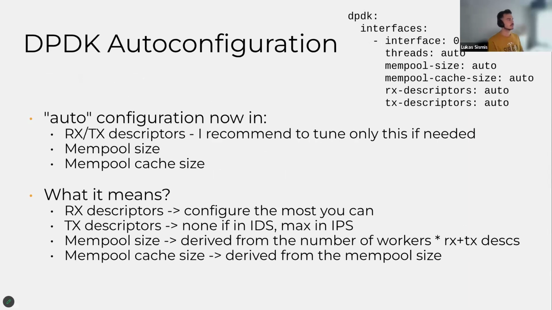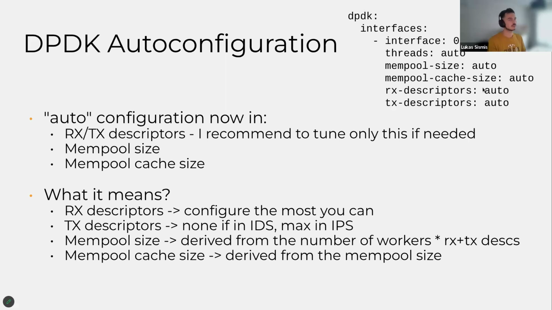Okay, so another feature is the DPDK auto configuration, which basically means with DPDK interfaces, you can set auto for the general configuration properties like the threads, mempool size, mempool cache size, RX/TX descriptors. Previously, you had to set and calculate how these values are connected. In Suricata 8, it tries to auto-calculate.